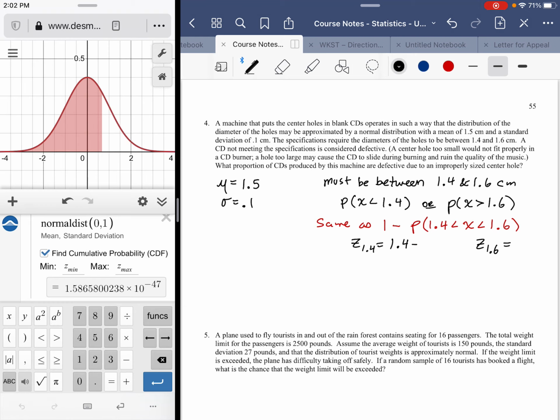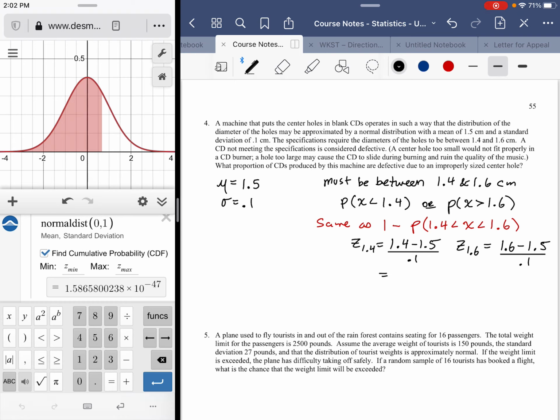So we're finding 1.4 minus 1.5 over 0.1, and then we're doing the same thing, 1.6 minus 1.5 over 0.1.